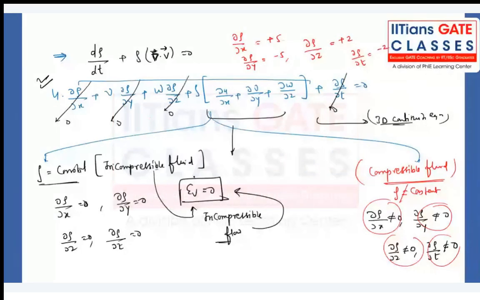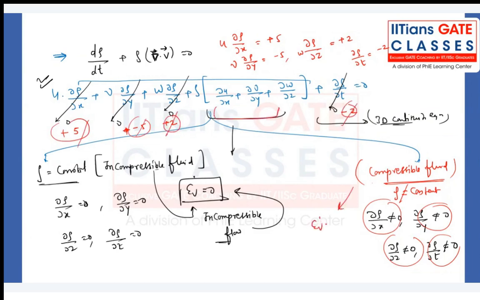So plus 5 minus 5 cancel out, plus 2 minus 2 cancel out. Again you will be left with this equation. So once again you have volumetric strain rate to be 0.